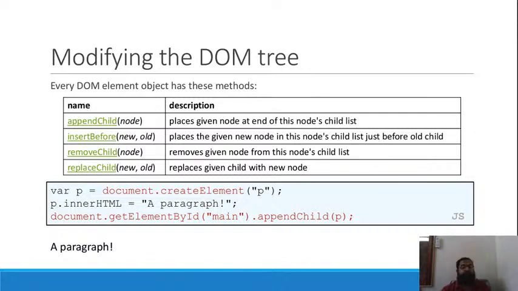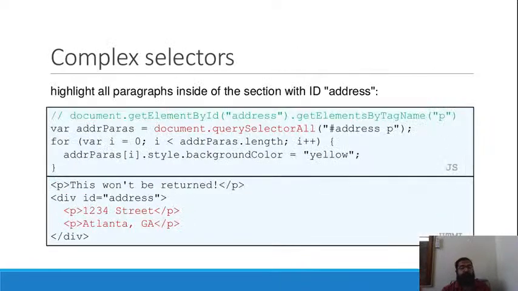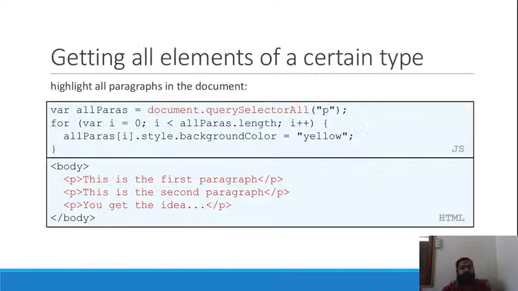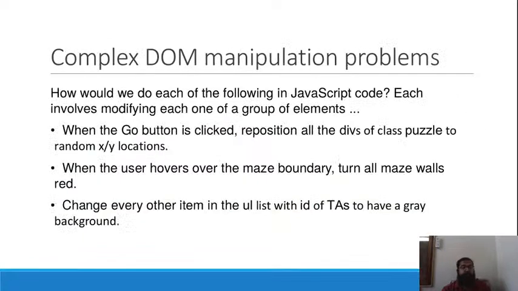And we know that it is loosely typed, which means that p is actually an object. Okay, and you access the inner HTML of that p and you put this text, a paragraph. Okay, and then you add it to the main as a child.